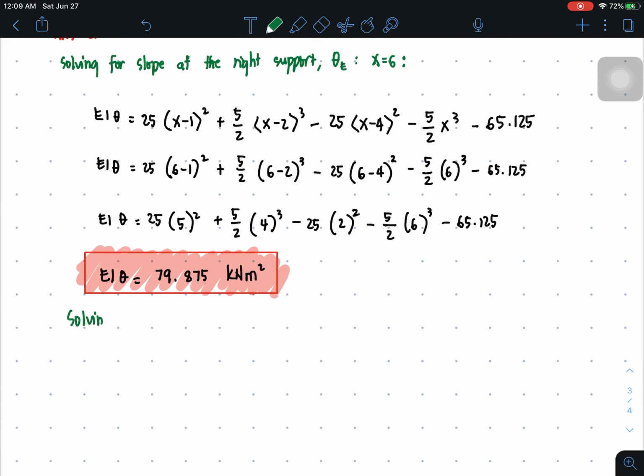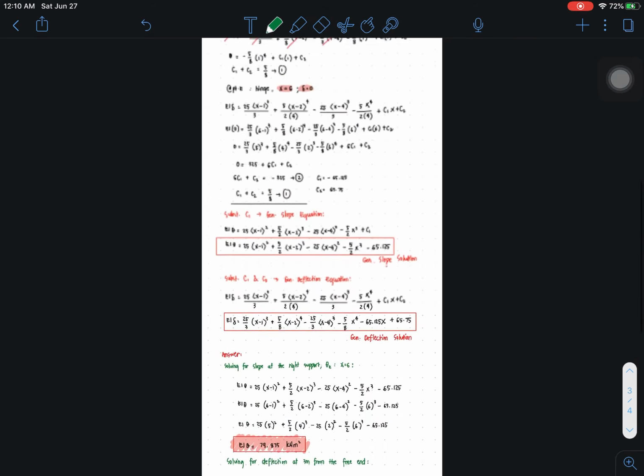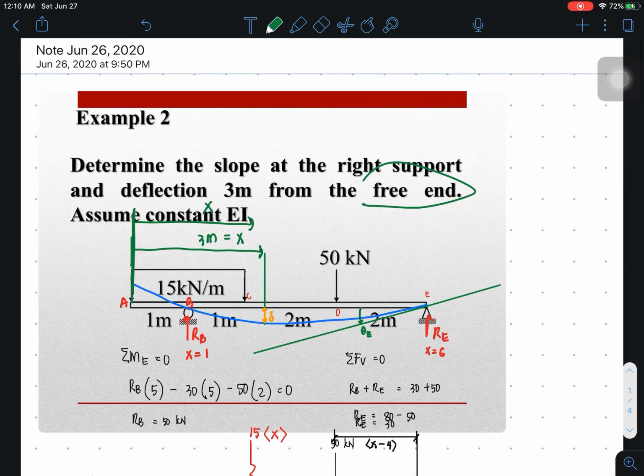So solving for deflection at 3 meters from the left end, free end, from the free end. Ito yung i-clarify. Free end, diba ningon siya from 3 meters from the free end.